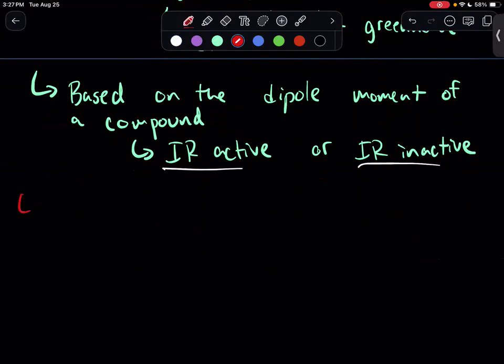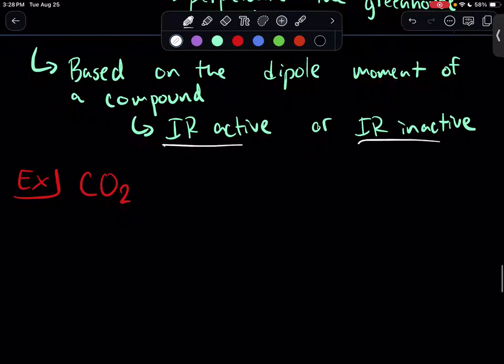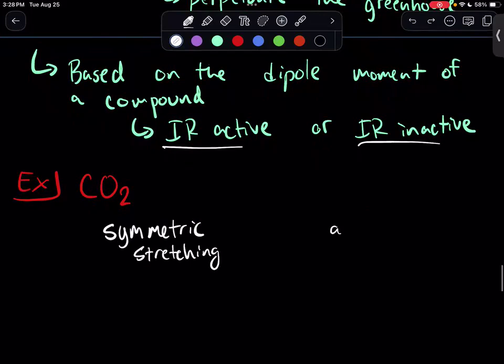So let's take a look at CO2. Most of us know carbon dioxide is in fact a greenhouse gas. But when we look at the compound, it actually has two modes of vibration. It can perform symmetric stretching, but it can also perform asymmetric stretching.